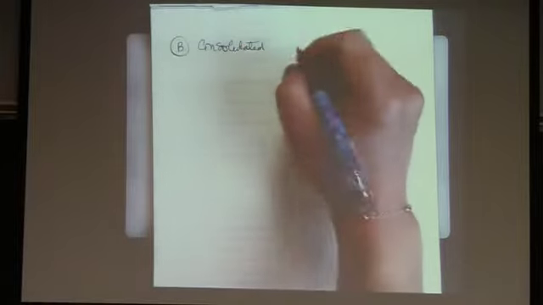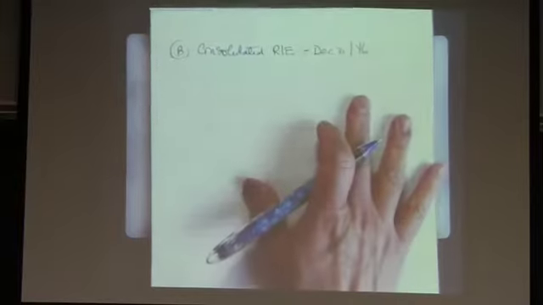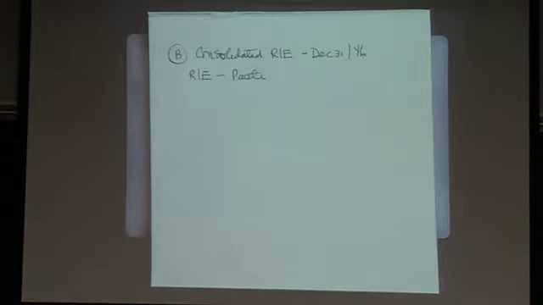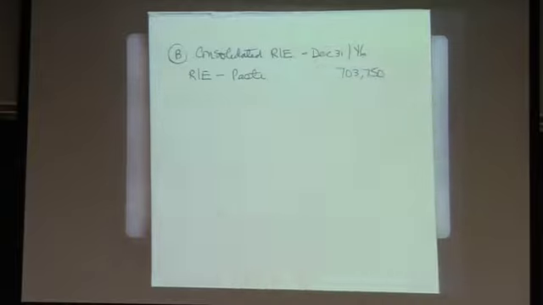Okay? Now, Part B asked us, we're almost there. Part B asked us to prepare a consolidated retained earnings, again, as of December 31st, year 6. So let's start with the retained earnings of Pace, the parent. We were given that. Remember, we were given that on the second last bullet point, all the retained earning balances. So that one is 703,750.